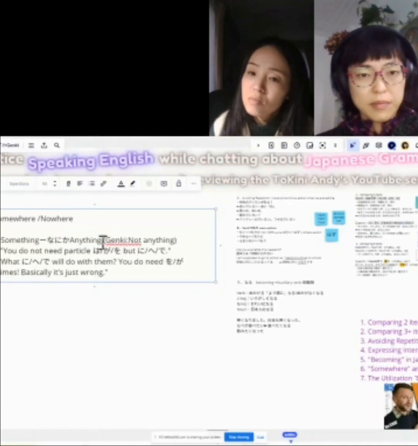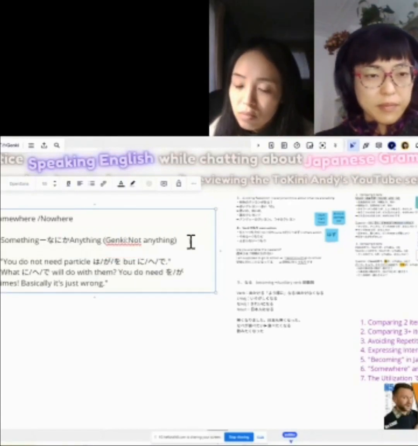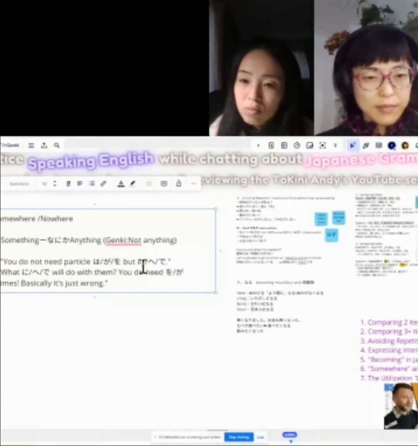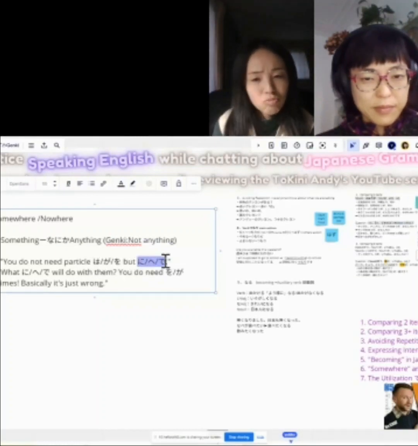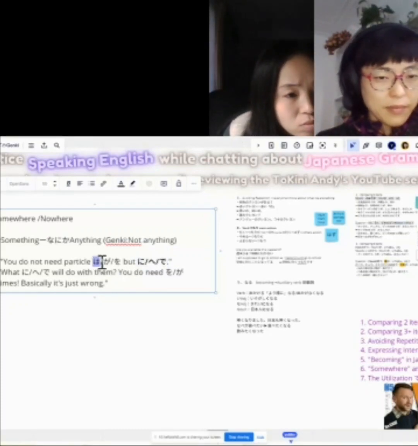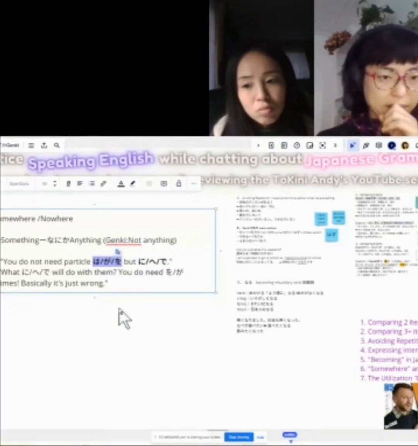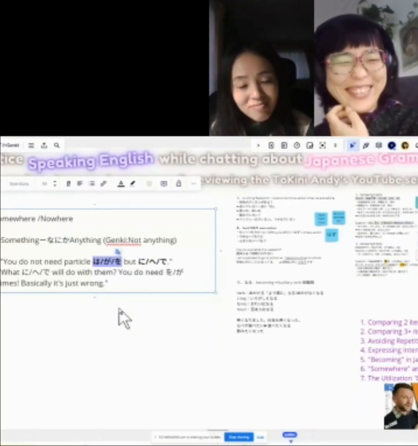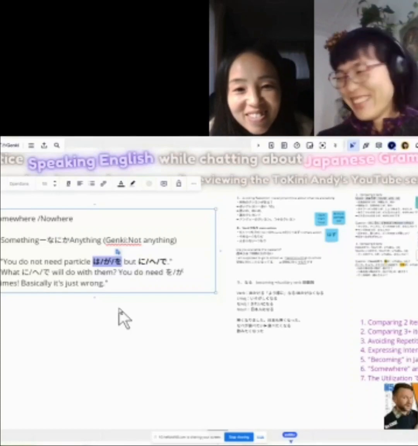The end. They don't tell you anywhere what adding those particles, such as ni, e, and de, will do to these phrases, nor do they mention that you actually do need o and ga, sometimes with a few of them. So basically it's just wrong. So remember how I said to rip out lesson 3, the first part?